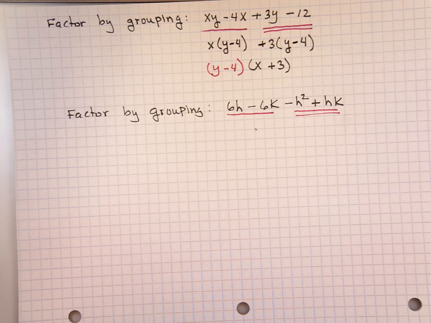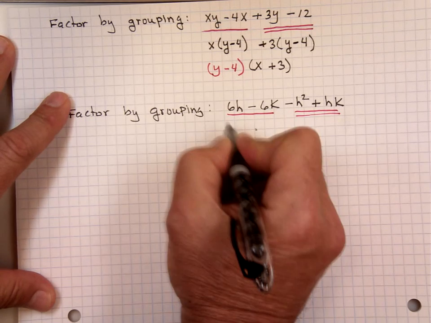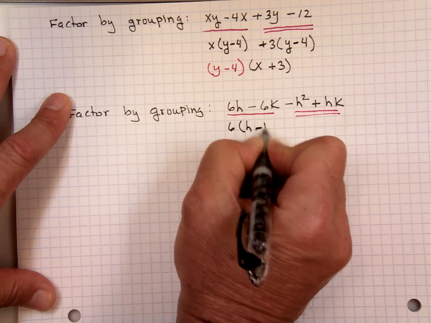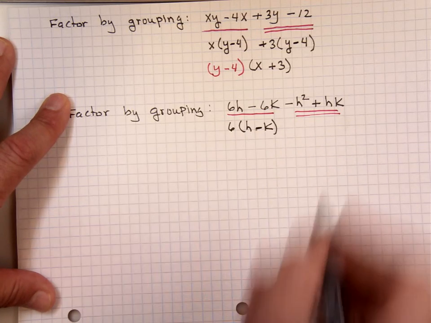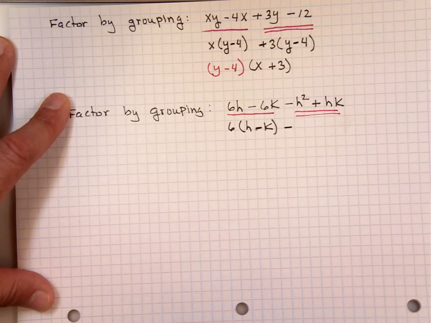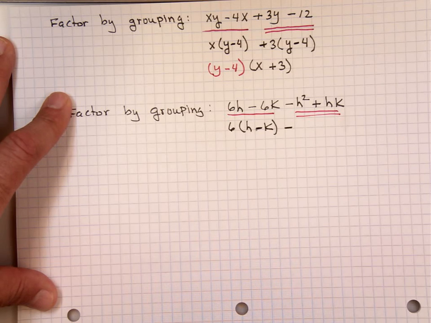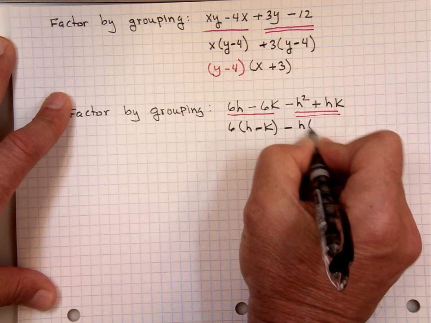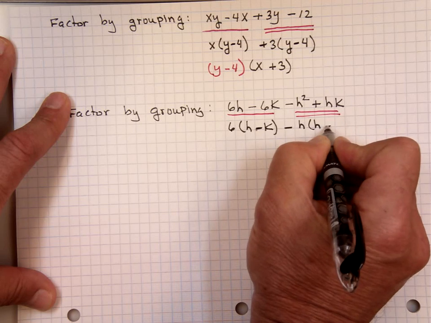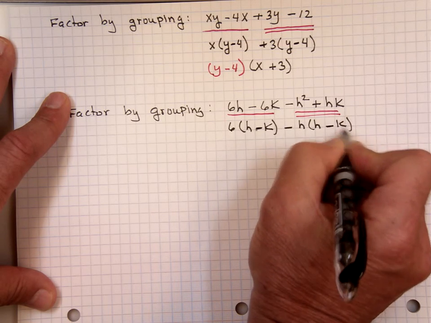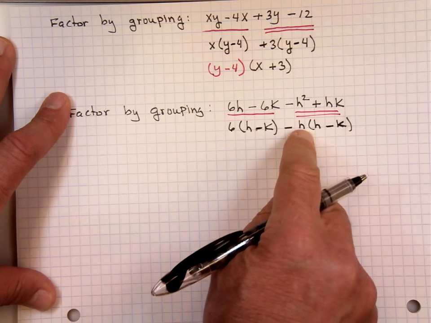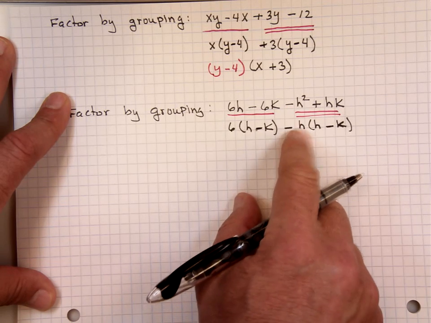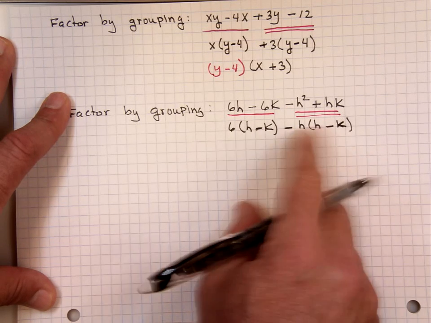This has 6 as a common factor, there'll be h minus k. If I leave the minus sign outside, this will have an h as common, 1h. So there's 1h left here, but it has to be a minus k. What's a minus h times h? That's a negative h squared. What's a negative h times a negative k? Negative times a negative will make it a positive.